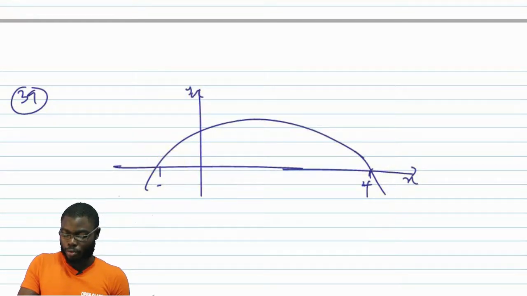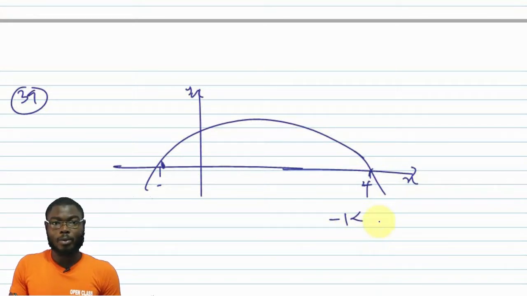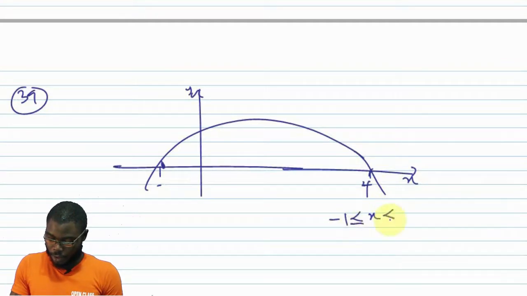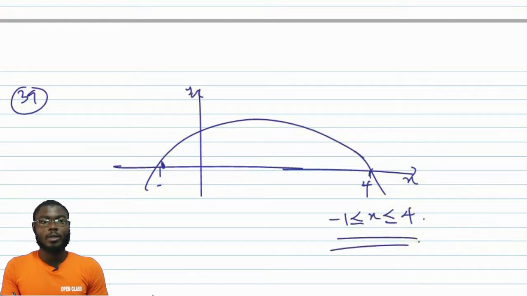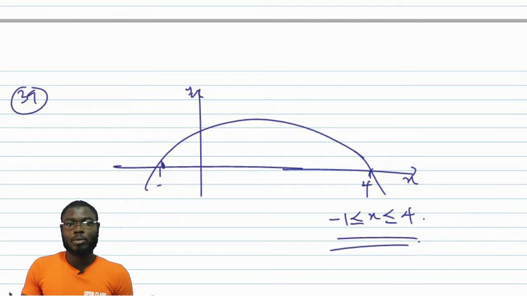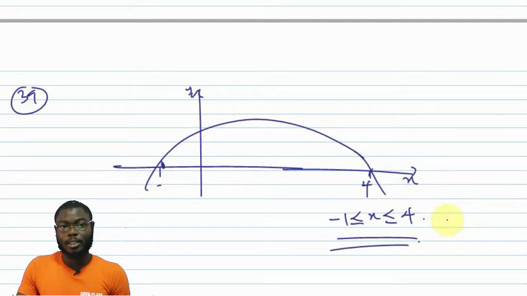So the roots of this equation are minus 1 and 4. Are you getting it? Essentially the region under the graph is minus 1 less than or equal to x, less than or equal to 4. Okay, so that's what you have, and your answer is C.